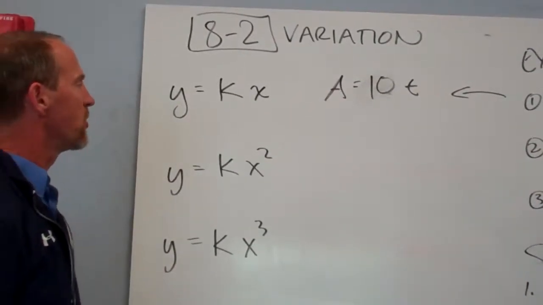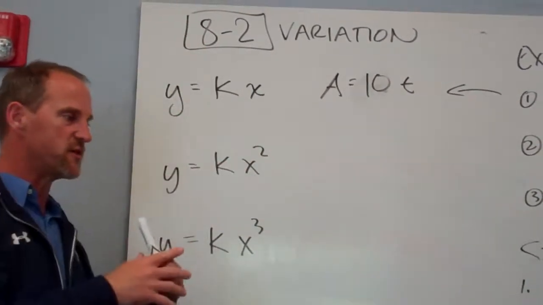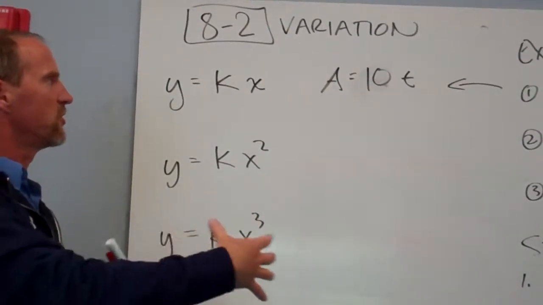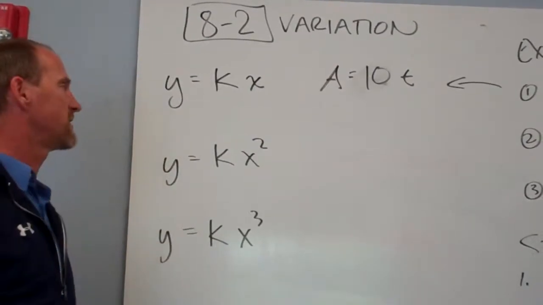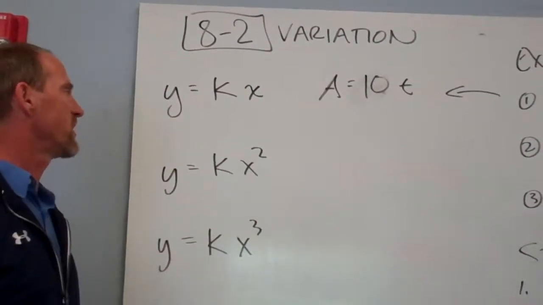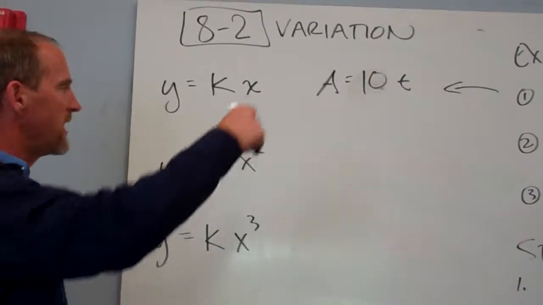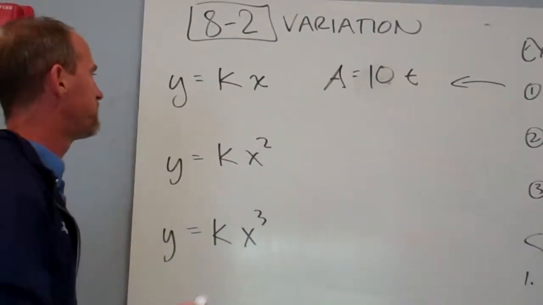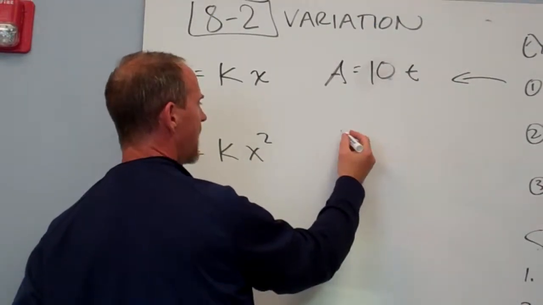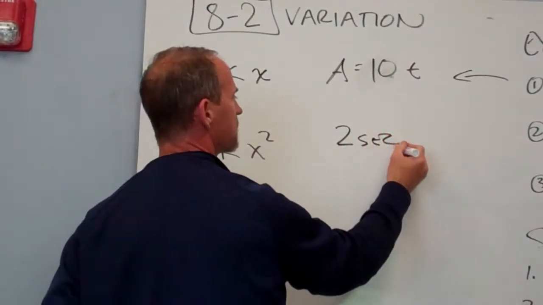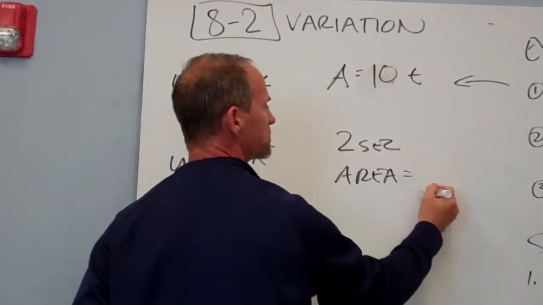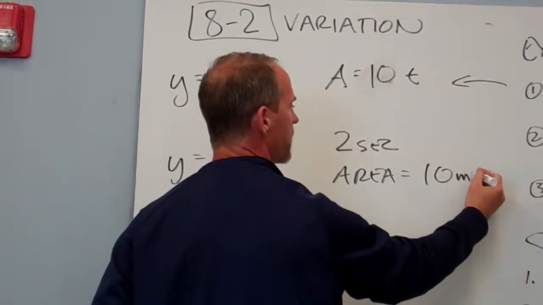All right? So if you drop a stone into a flat, still pond and you let the waves ripple out in a circle, the area of that is going to be a square variation. So suppose you know that after you've dropped a pebble in a pond, after 2 seconds, the area is equal to 10 square meters.